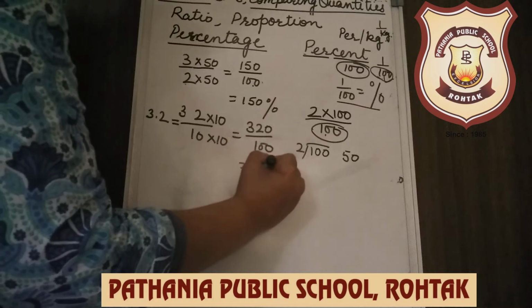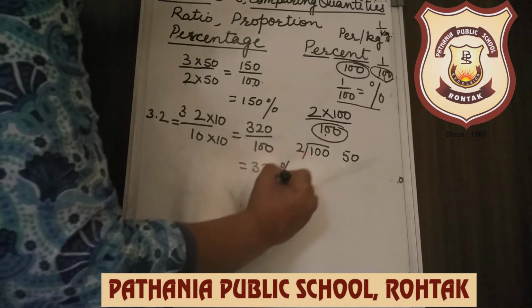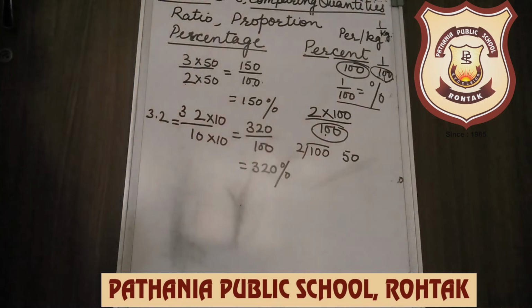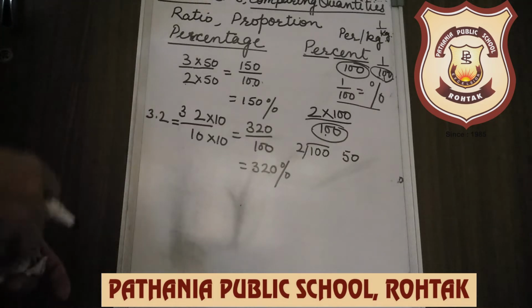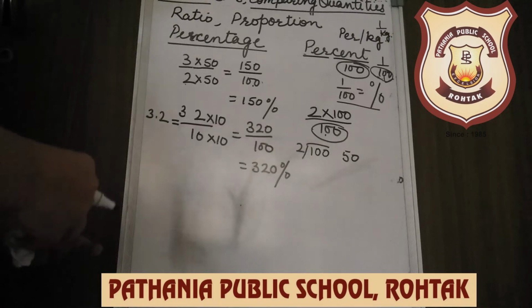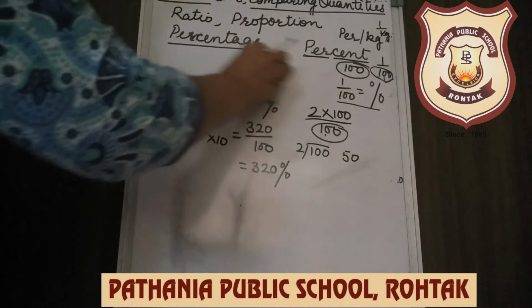So this becomes 320%. Now is this clear to everyone? How to convert the decimal into fraction, or percent, or fraction into percent or a whole number into percent. Now again I'll explain you. I'll take some other example.